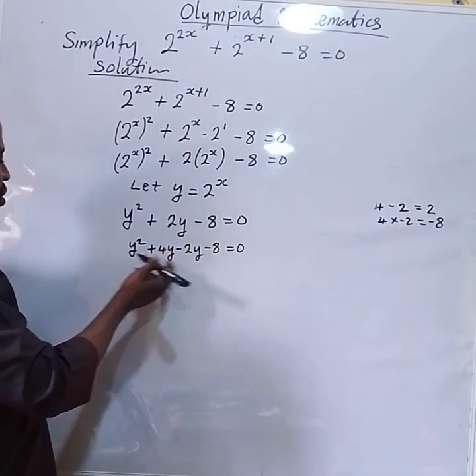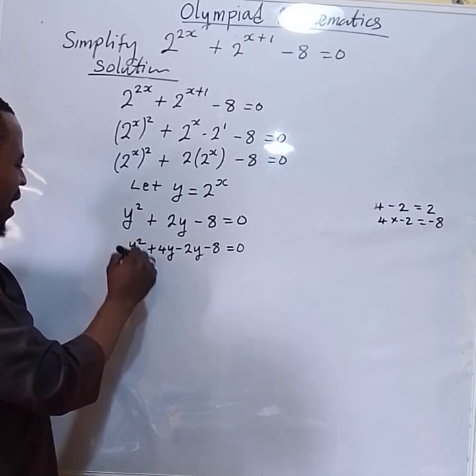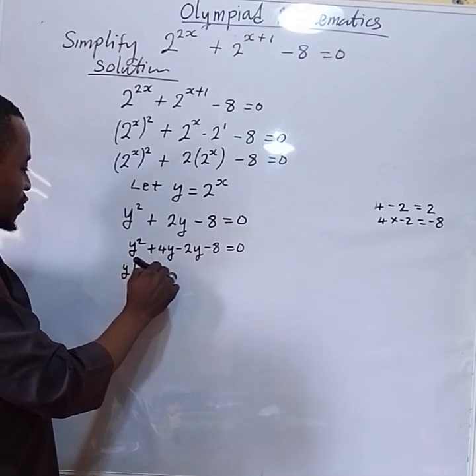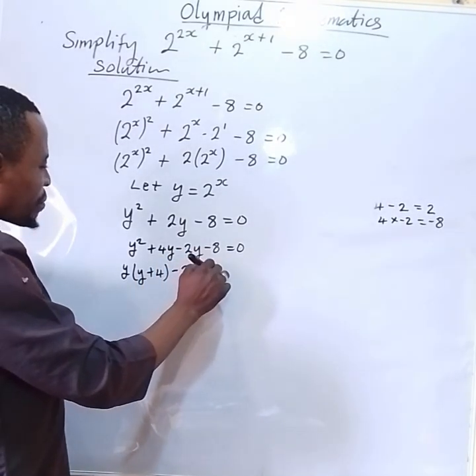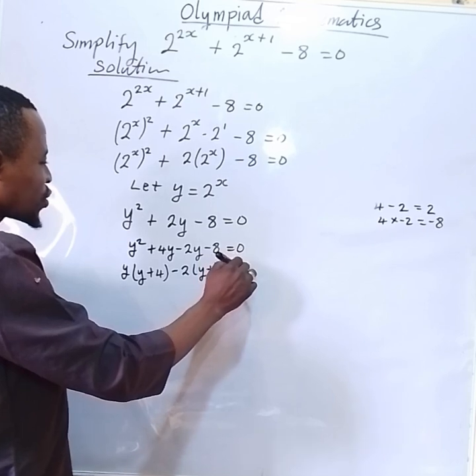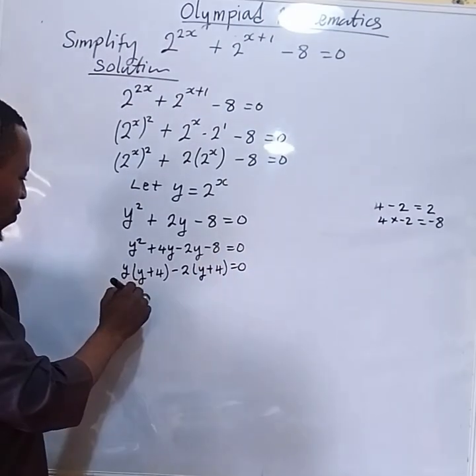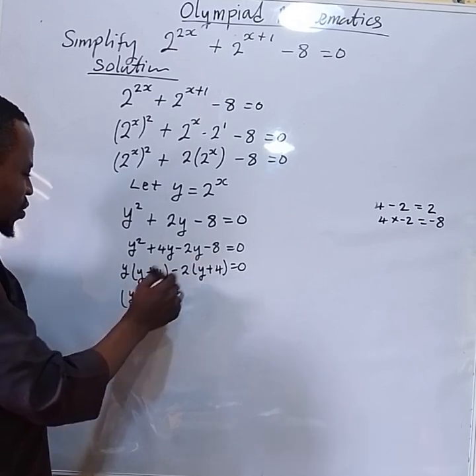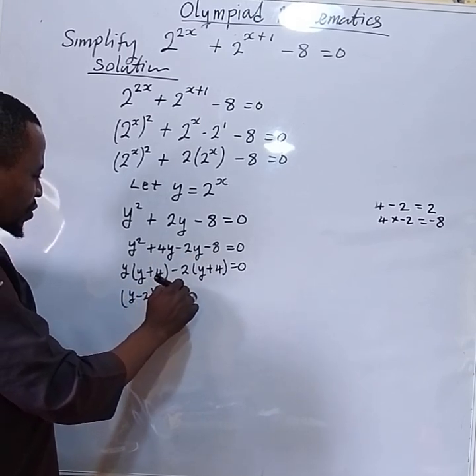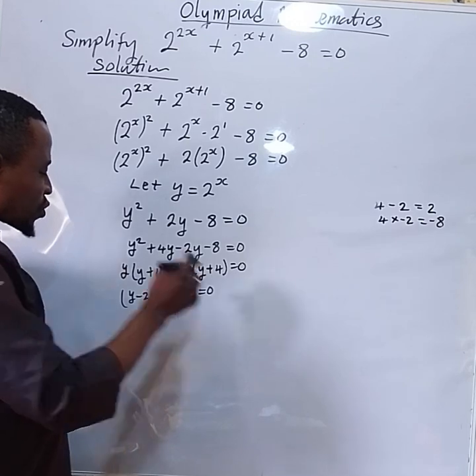So what is the common factor here? y into y plus 4, here minus 2 into y plus 4, equals 0. Now you pick one y plus 4, since these two are common, so everything equals 0.